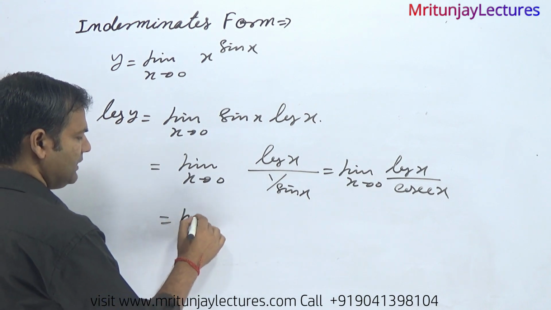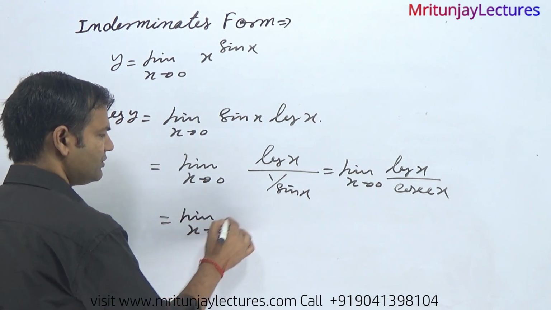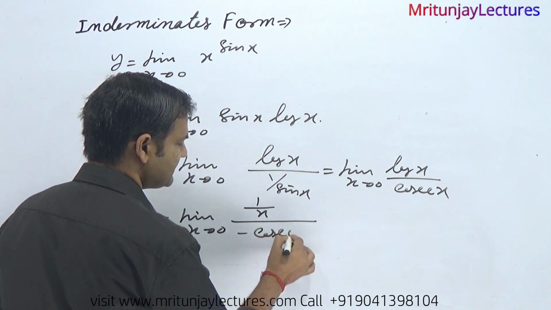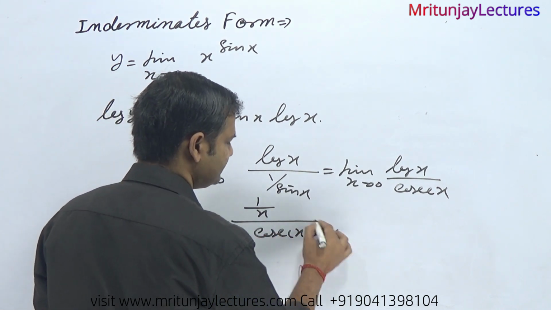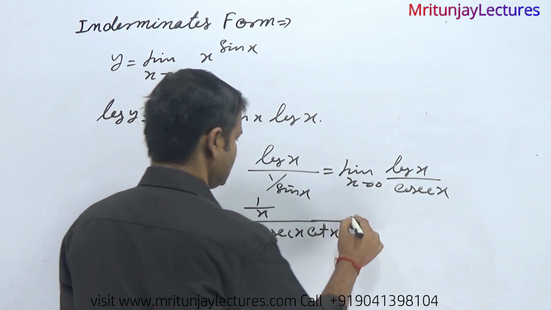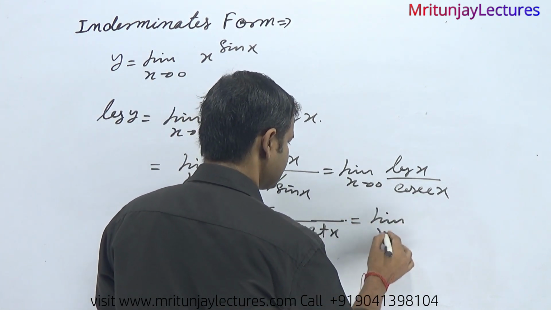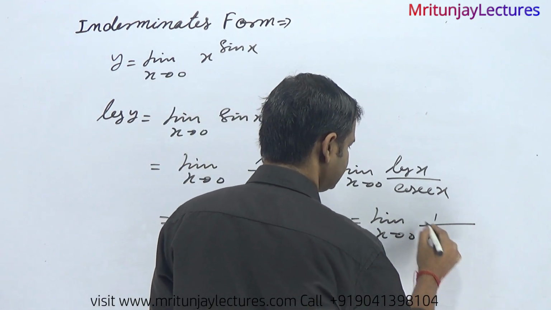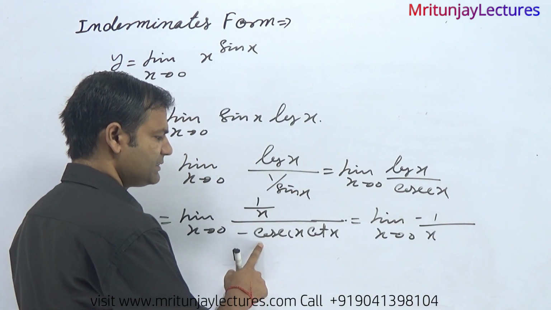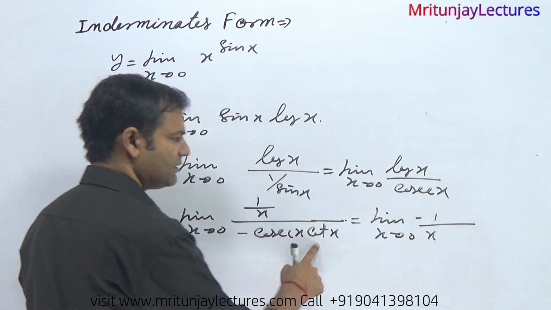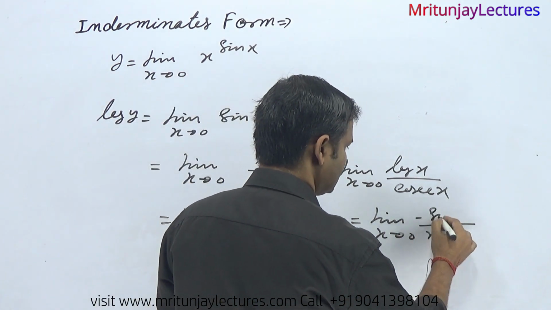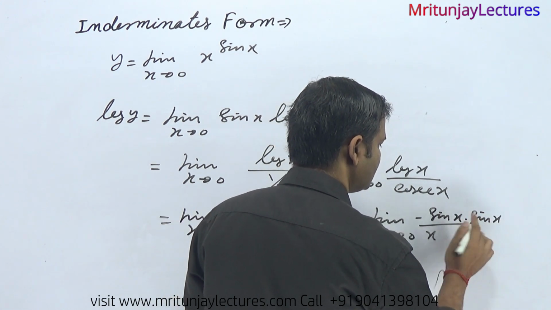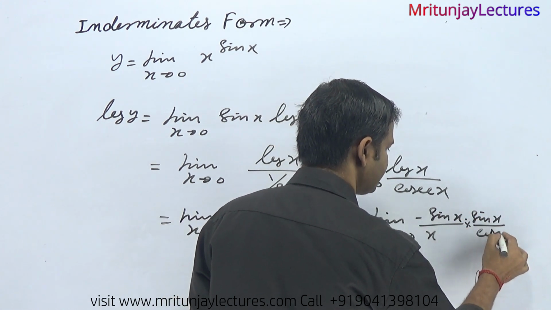So limit x tends to 0 of 1 by x divided by minus cosec x into cot x. Writing cot as cos upon sin, we get sin x into sin x divided by x into cos x.